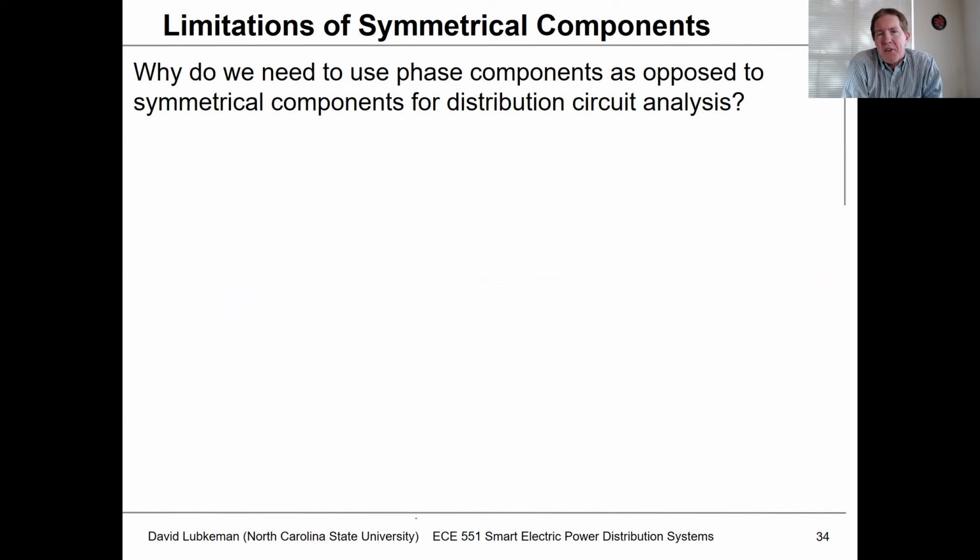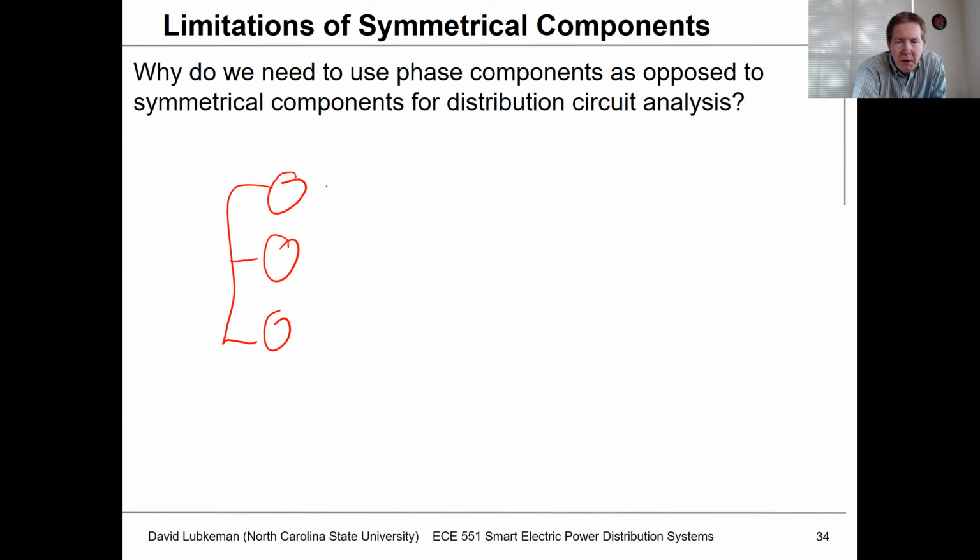We typically have a hard time using symmetrical components for distribution because of the imbalance of our circuits. So if I've got three phase coming out of the substation, here are my three phases. I have the A phase voltage, the B phase voltage, and the C phase voltage.